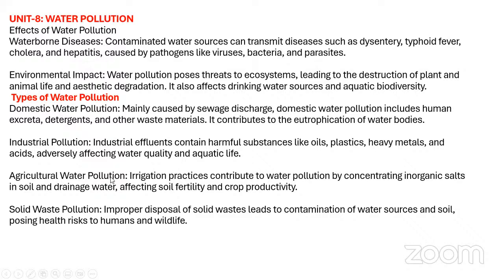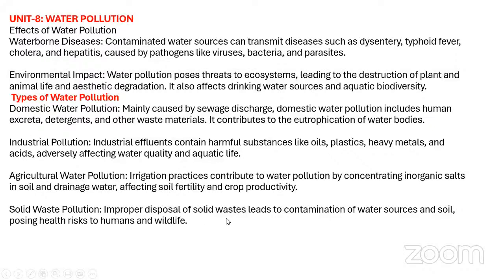So, due to agricultural water pollution, the fertility of soil and crop productivity may decrease, and the agricultural pollutants are inorganic salts and drainage water. In the types of water pollution, we have discussed domestic water pollution, industrial water pollution, and agricultural water pollution. Now we are discussing solid waste pollution.